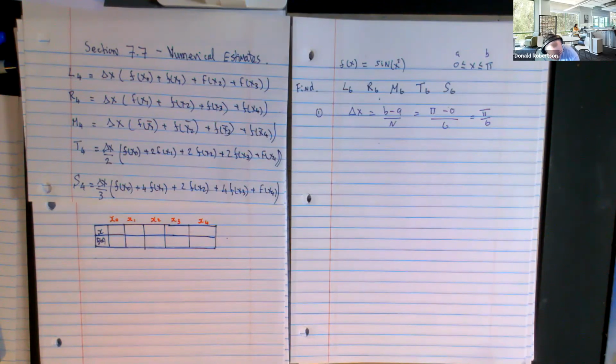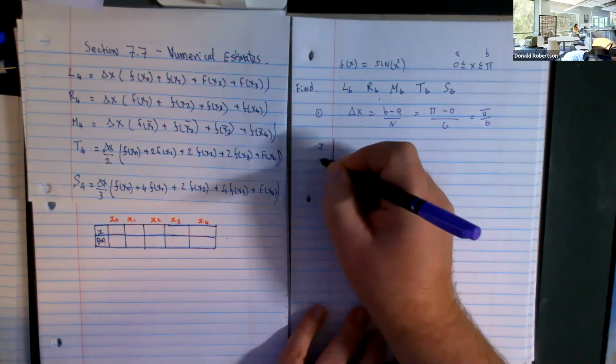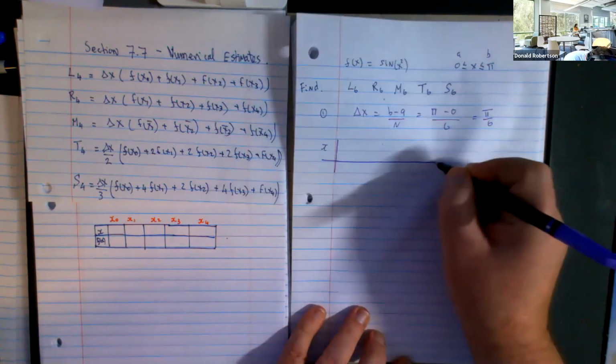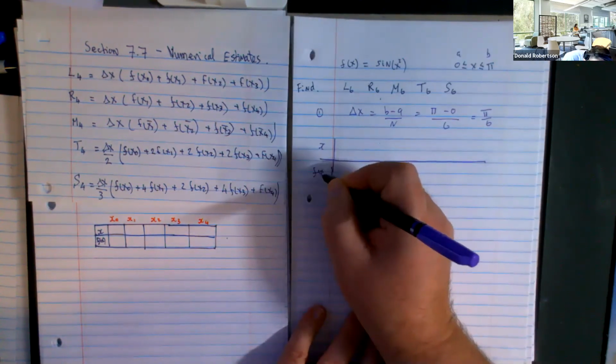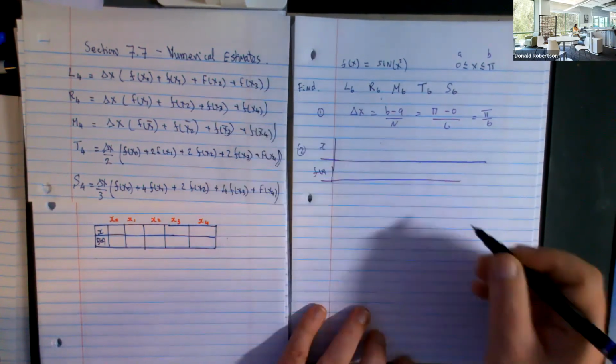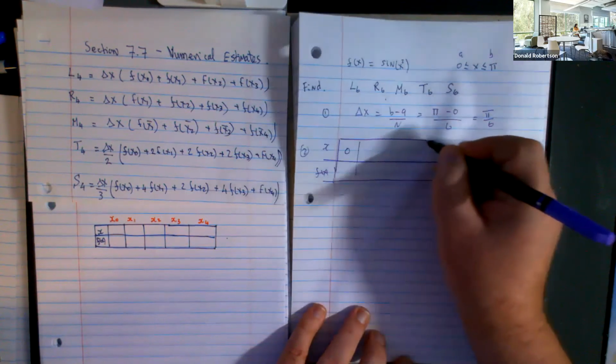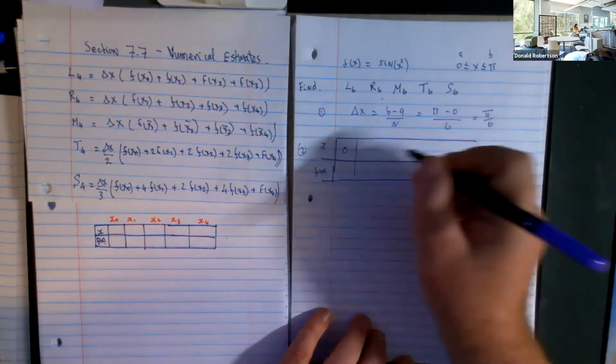Now, in this particular table, we're going to have your x's. And obviously after that, the f of x part, which is what step 2 is about. And we're going to start at 0. And I'm not going to turn that into a decimal.